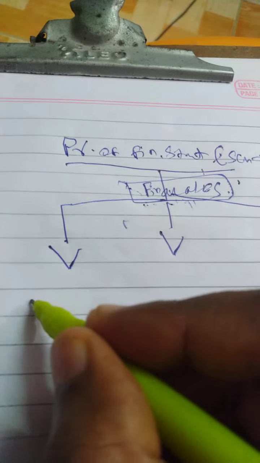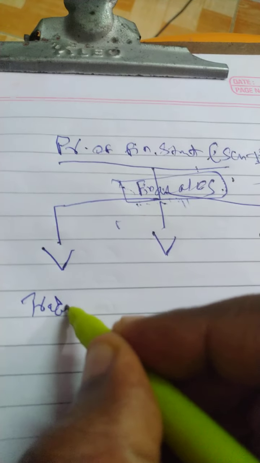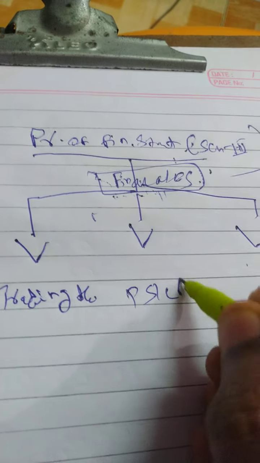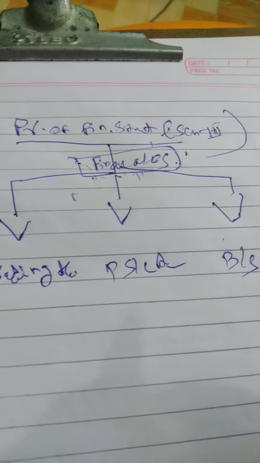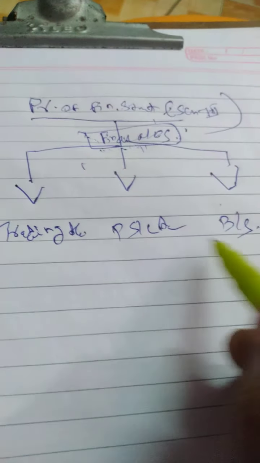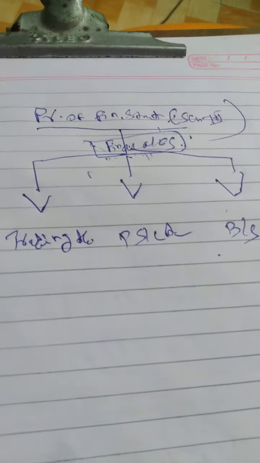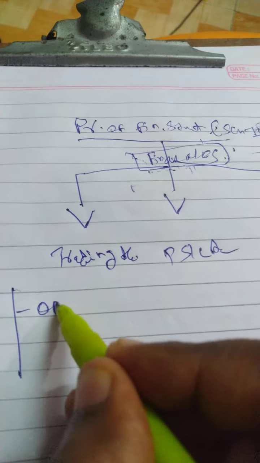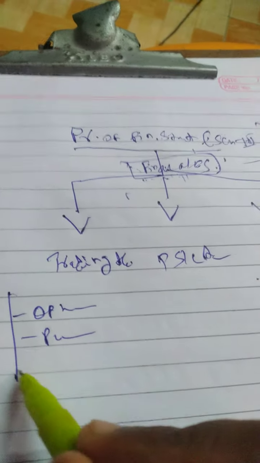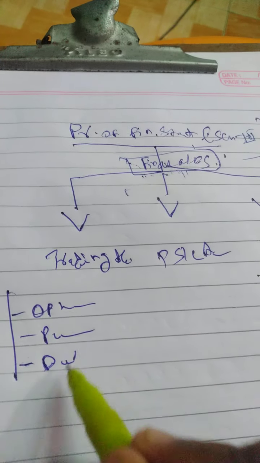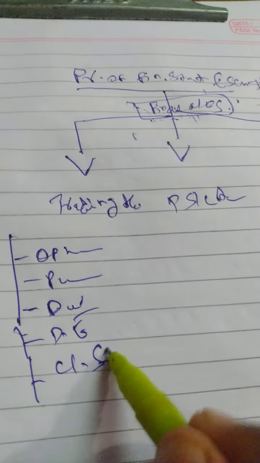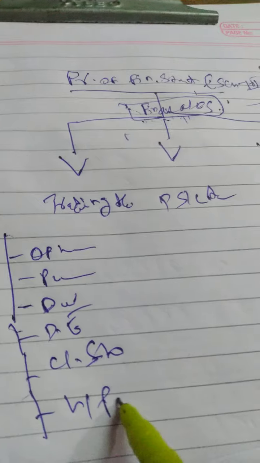Purpose of final accounts. Remember our old school days final accounts. Trading account will be there, then P&L account, then balance sheet. In trading account we have opening stock, purchases, direct wages, direct expenses, then closing stock, then you have gross profit.